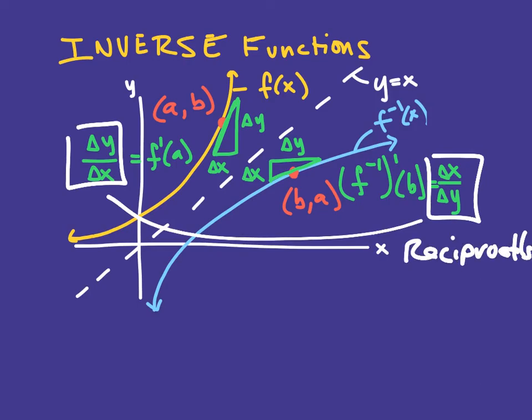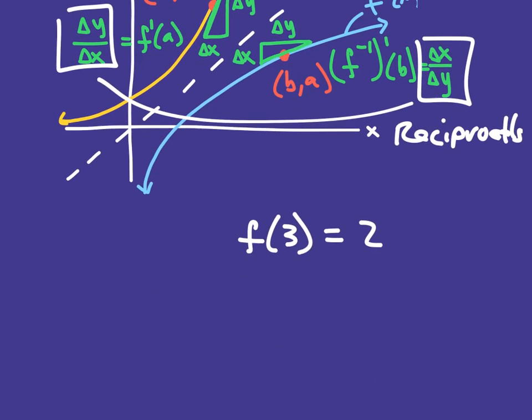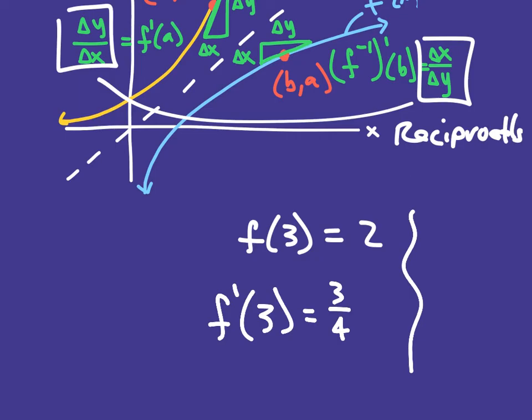To put this into context, let's say that I know that f of 3 is equal to 2, and that f prime of 3 is equal to 3/4. Then if I wanted to find the derivative of f inverse, I know that I have the point 2, 3.